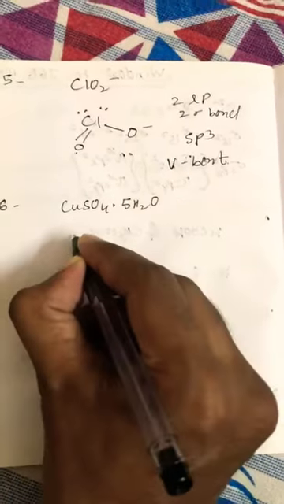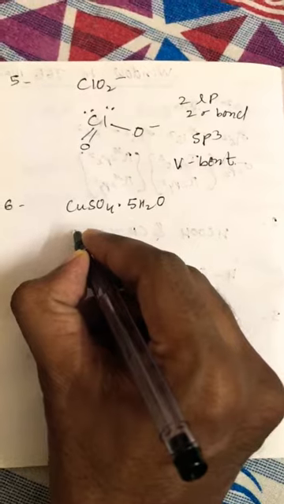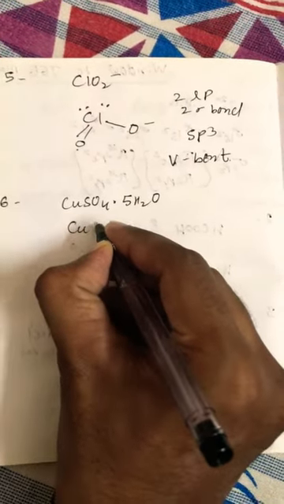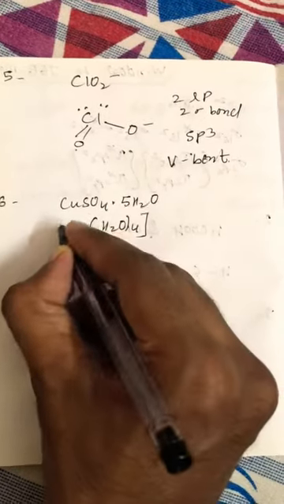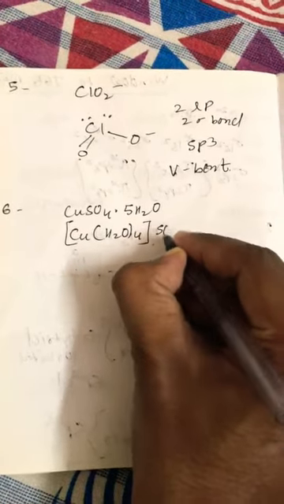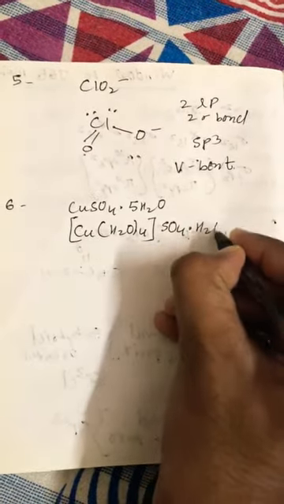Question number 6. CuSO4.5H2O exists as [Cu(H2O)4]SO4.H2O.